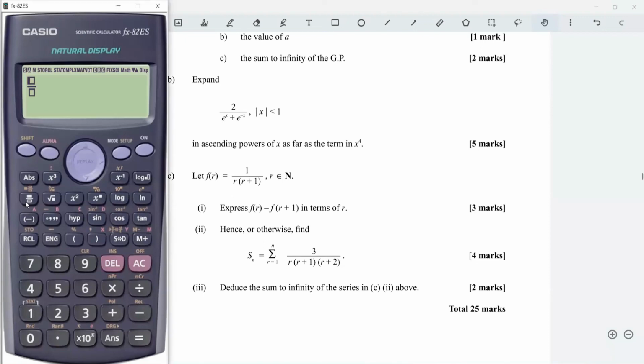When I put in 2 over e to the 0 plus e to the 0, yes, it's going to be 1, because 1 plus 1 is 2 and cancels the 2 on top. Yeah, it makes sense. It's 1.